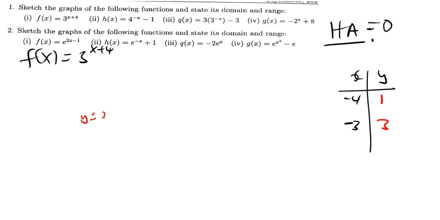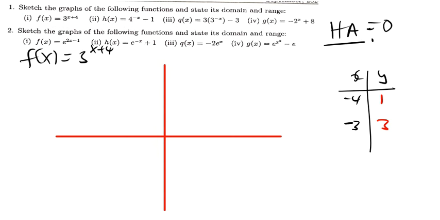After finding this, come up with your simple sketch. Now you have your horizontal asymptote at 0. This is y is equal to 0. The horizontal asymptote is cutting the y-axis, so it's going to cut there at y is equal to 0. That's the horizontal asymptote. In x I've got negative 4 and negative 3, and in y I've got 1 and 3.